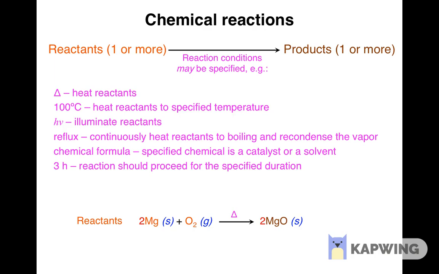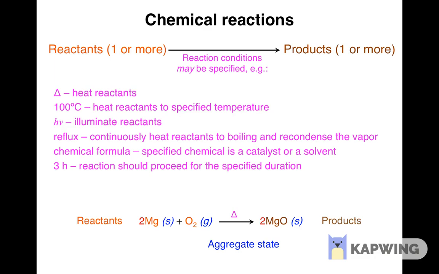To the right of the arrow, we have the product, magnesium oxide, an ionic compound that consists of magnesium and oxygen atoms at a 1-to-1 ratio and therefore has the empirical formula MgO. After each of the reactants and products, we specify its aggregate state in parentheses.